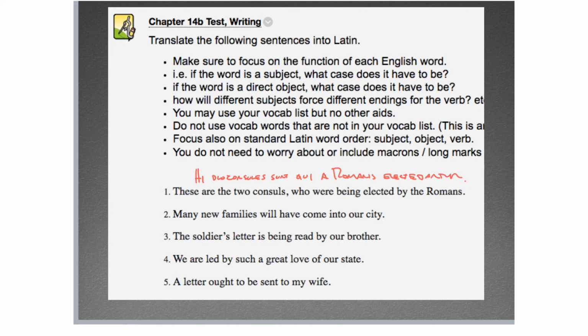All right, along those lines, we skip to number 5. So literae ad uxorem mitti debent.